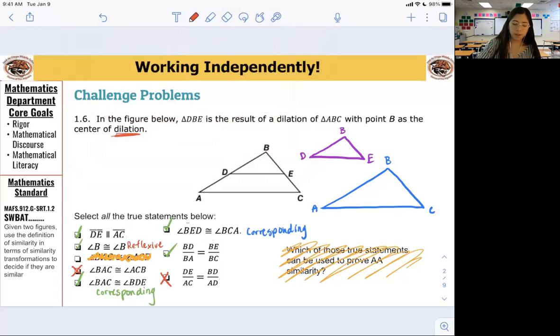Okay, now let me uncover this. So which of those true statements can be used to prove AA similarity?